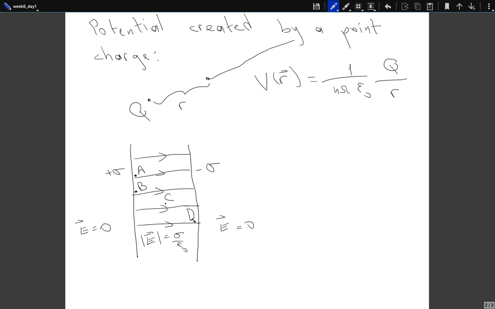I will be asking you which ones have the largest potential, which points or point has the smallest potential. Well, let's start with the largest one. Which point or points has the largest potential, and why? You say ABD. Your friend has said only AB. How would you decide which one has the largest potential?